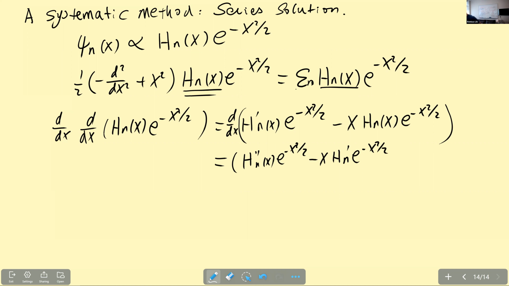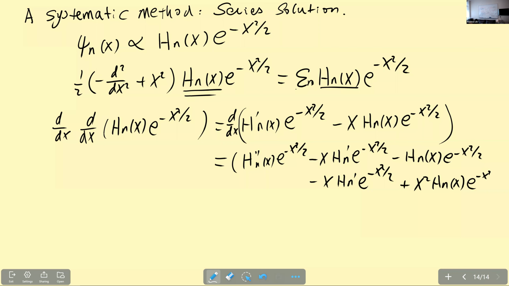And then you do the same thing for the next term. That gives you, first of all, minus x h m prime e to the minus x squared over 2, right? And then finally you have plus x squared h m of x e to the minus x squared over 2. Okay, all of them have this factor, so you can take it out.